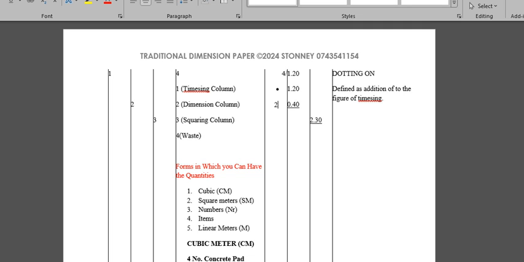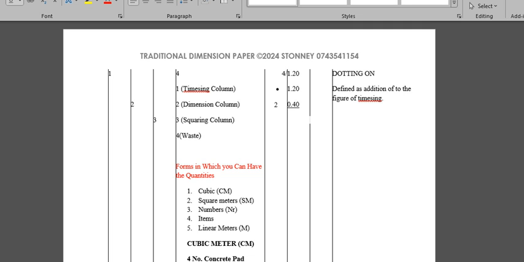In this case, the 2.30 won't be the answer because you are now using 6 instead of 4. You do your multiplication, 1.2 times another 1.2, times 0.4, multiplied by into bracket 4 plus 2. So you've done the dotting on.